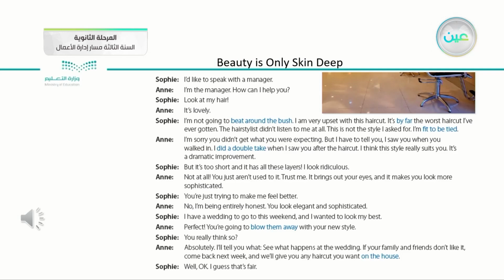This is not the style I asked for. I'm fit to be tied. I'm sorry you didn't get what you were expecting, but I have to tell you, I saw you when you walked in. I did a double take when I saw you after the haircut. I think this style really suits you. It's a dramatic improvement. But it's too short, and it has all these layers.